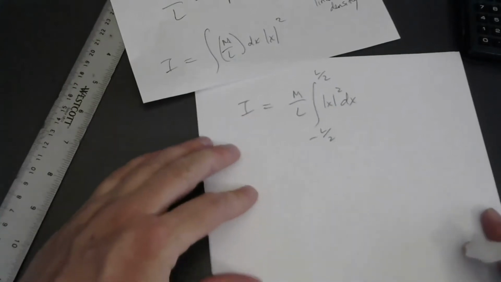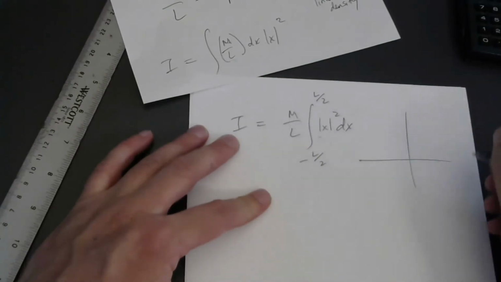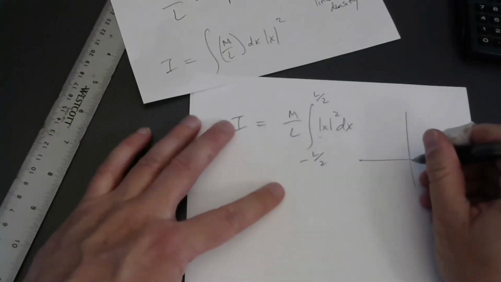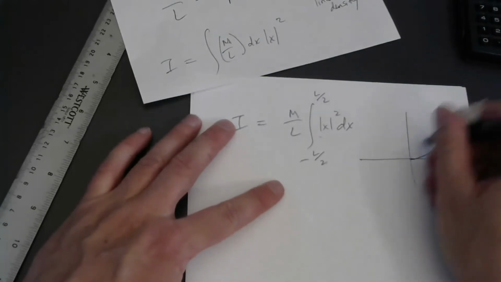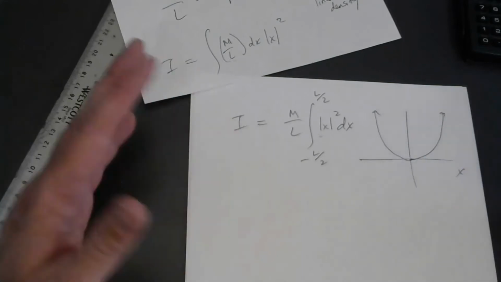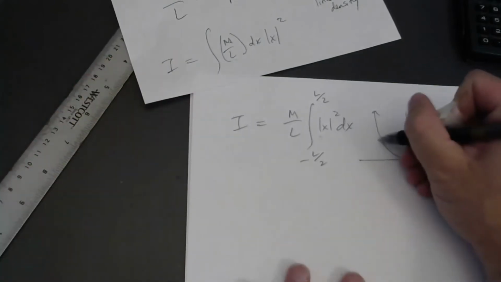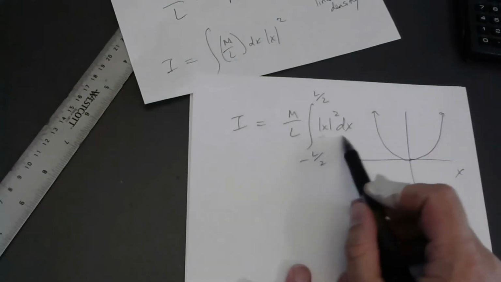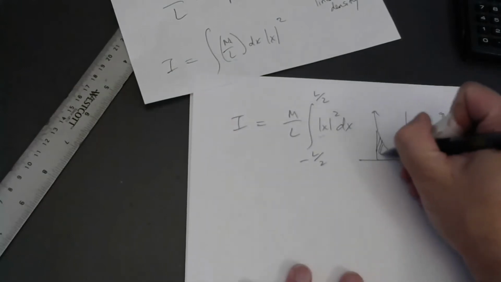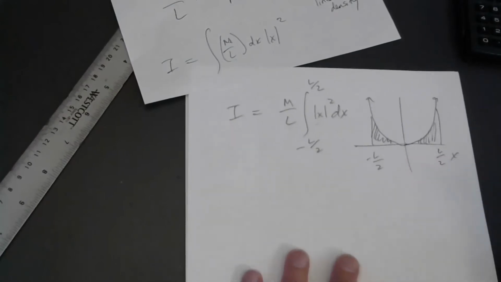But what's the general shape of absolute value of x squared look like? If we were to graph that versus x, isn't that just a parabola? Because when x is a negative number, it's positive. That's true even if you don't have the absolute value. So what we're really finding is the area under this curve from negative L over 2 to L over 2.